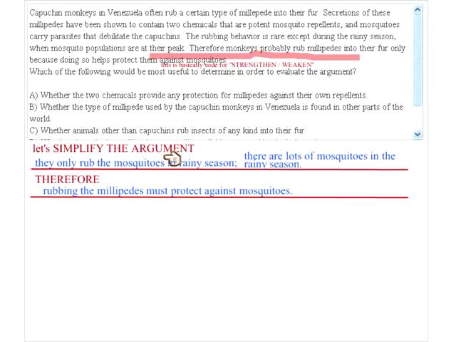That's not what this says, because that implies they already know that it's mosquito repellent. That's a circular argument, that's already your conclusion. This just says they rub a bunch of millipedes in and there's a chemical that happens to repel mosquitoes. It does not say that that's the purpose why the monkeys are doing it. That's actually the conclusion of the argument, not a premise.